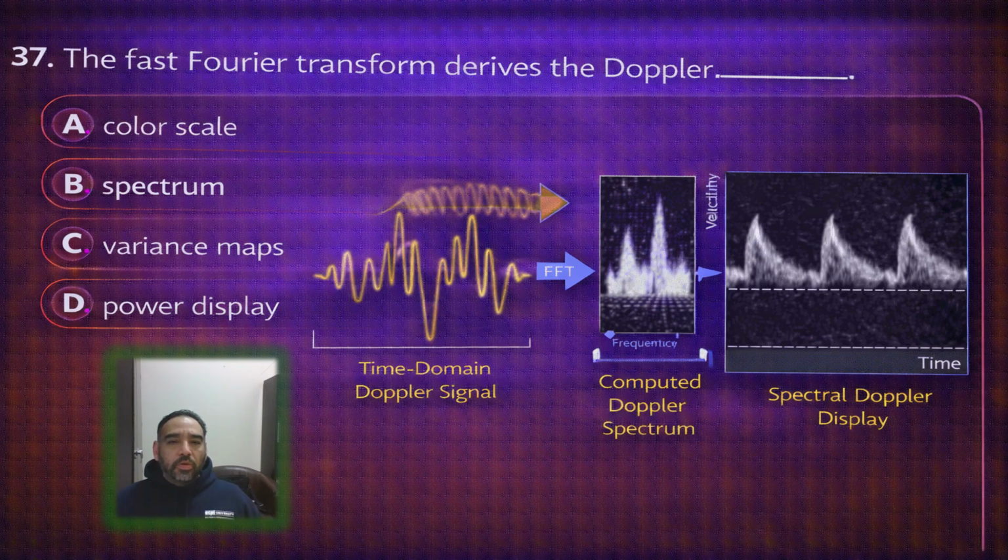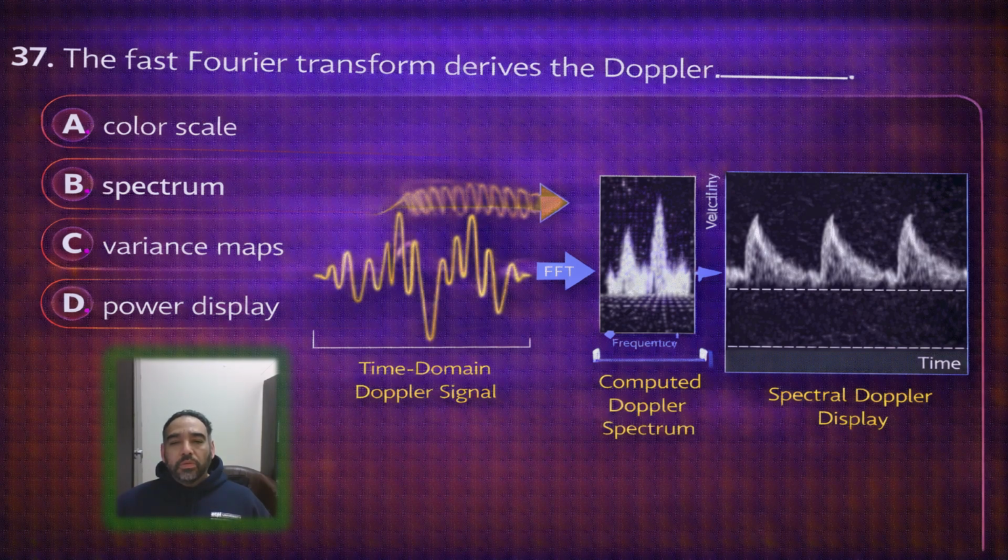Okay, so let's look at the question. The fast Fourier transform derives a Doppler blank, and the options are A, color scale, B, spectrum, C, variance maps, or D, power display. And of course, the correct answer is B, spectrum. So remember, the fast Fourier transform derives the Doppler spectrum, and here's what that means.